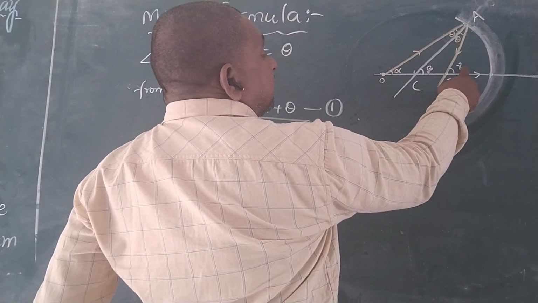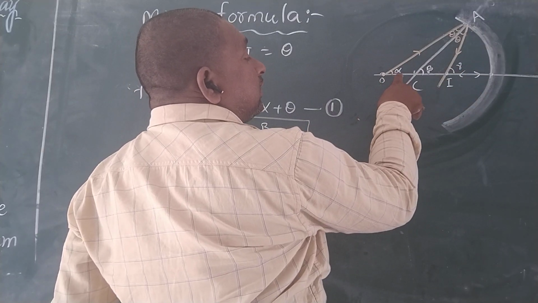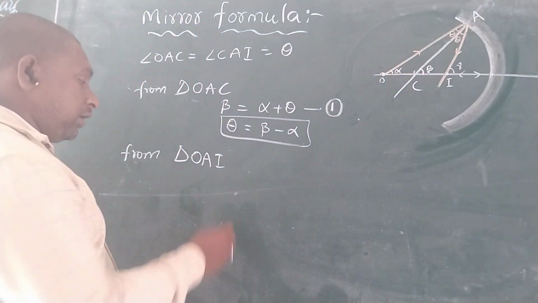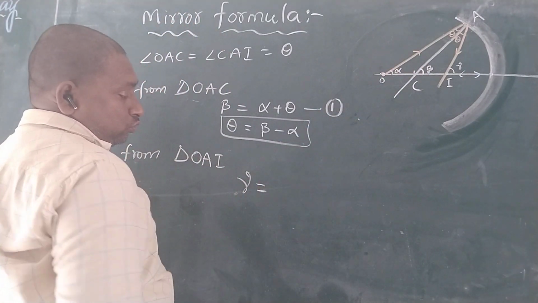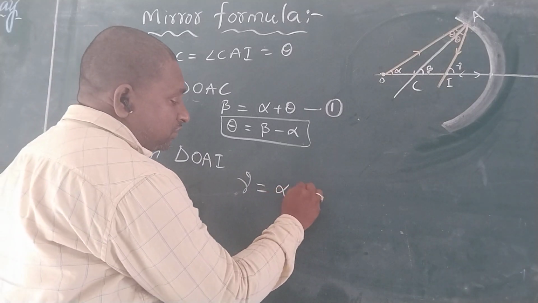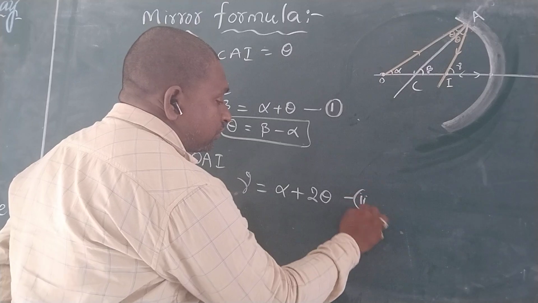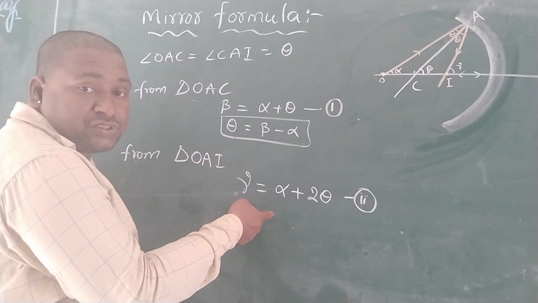The external angle is gamma. The internal angles sum is alpha plus theta plus theta, that means 2 theta. The external angle gamma is equal to alpha plus 2 theta. Can I write like this? This is equation 2.